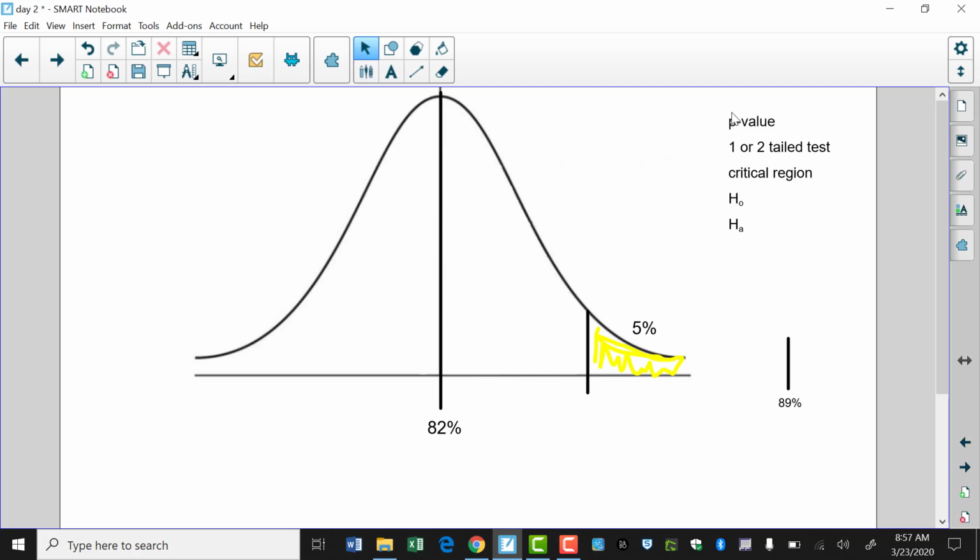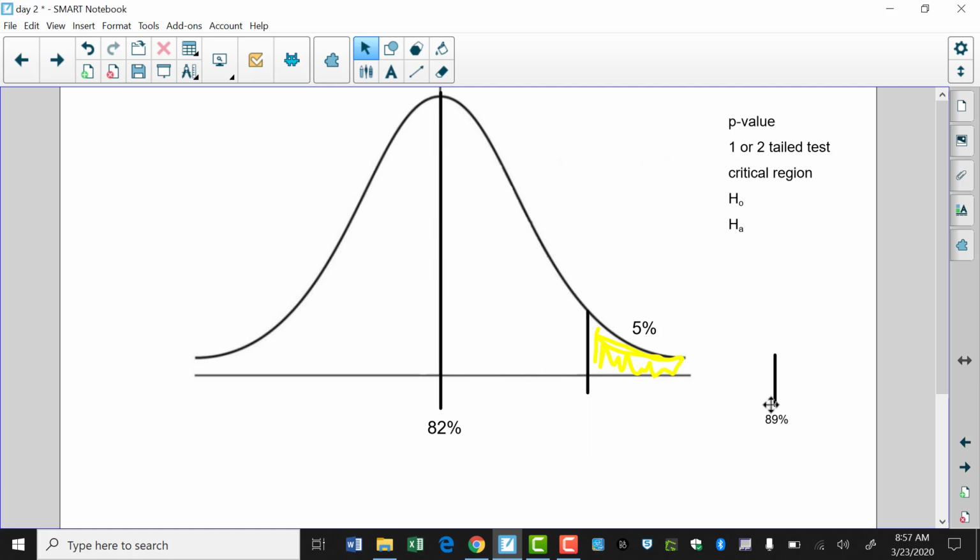We've done so much with the bell curve, and here are some big ideas I want to go through with this bell curve and what we're doing. The sense is this: 82% is what they told us. In our research, we found that 82% of students will graduate with a degree and have a job. Nazareth is 89%.